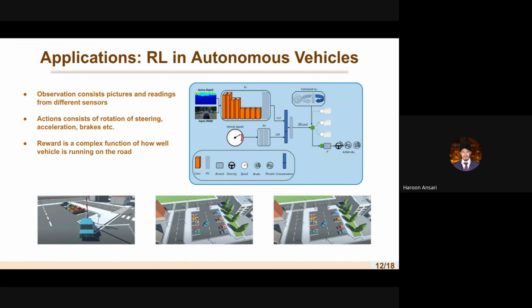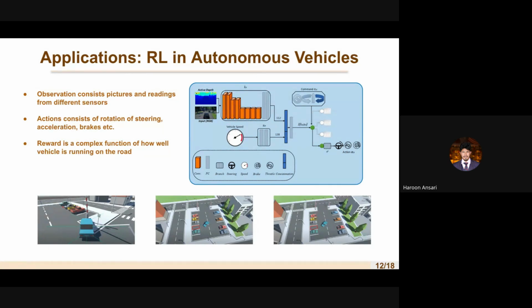Let's say you decide the reward according to the car not hitting someone. In that case, that is not a very good reward, because to not hit someone, the car will go off the road, since off the road there will be no one. So you say, okay, staying on the road is important, so if it goes off the road we will give it a negative reward.